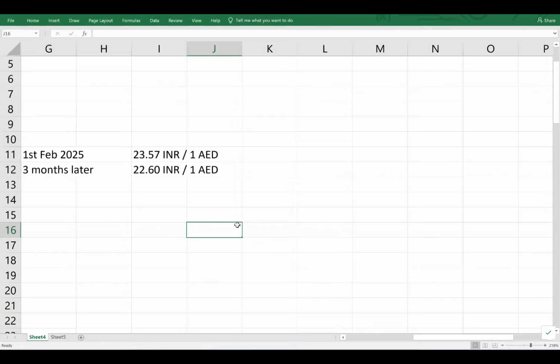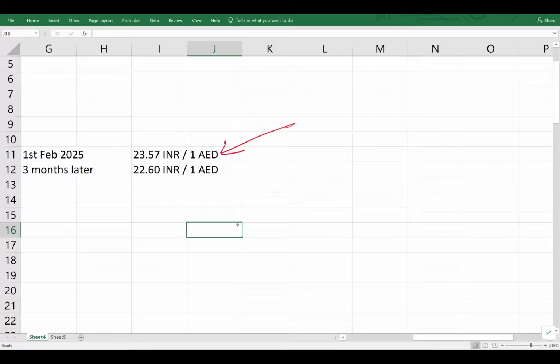Yeah, Darren. Which currency depreciates here? AED depreciates here. Okay, look. The Indian rupee gets stronger. Today, if you have 1 dirham, let me explain in the easiest way.